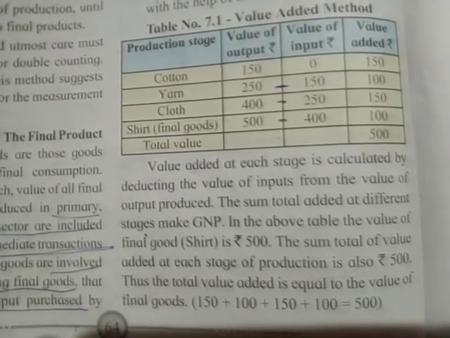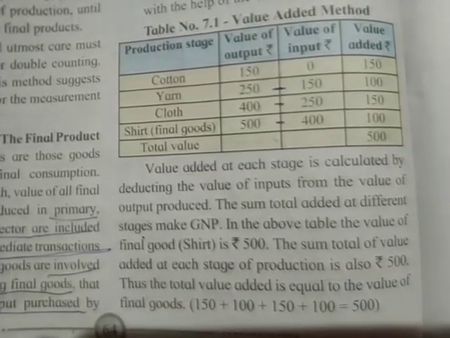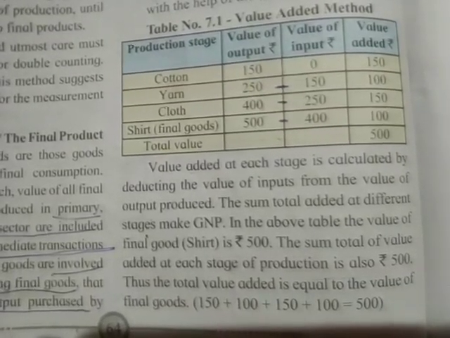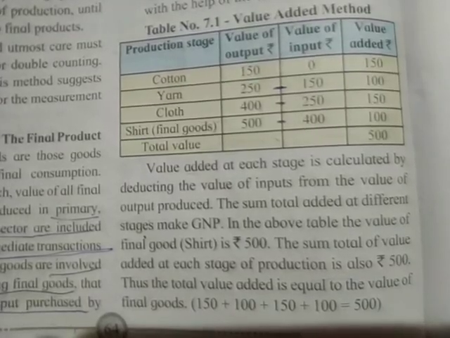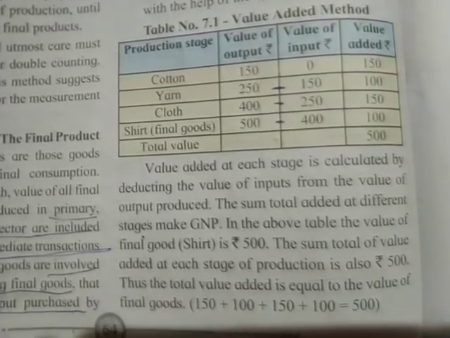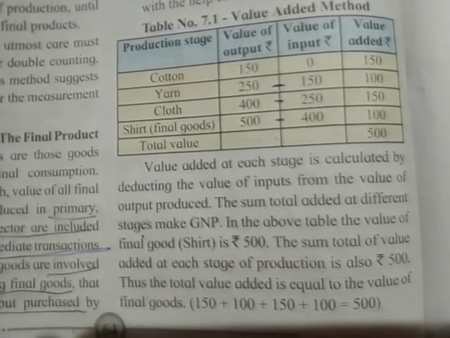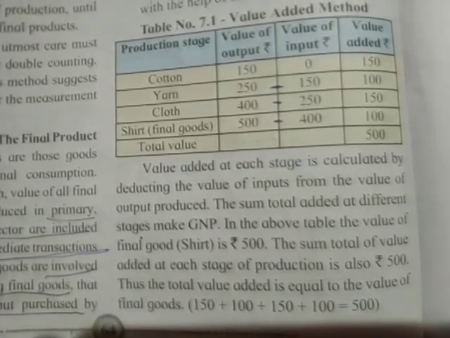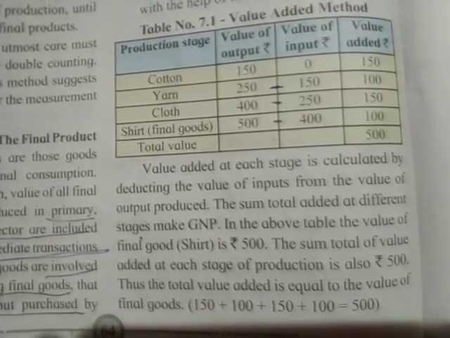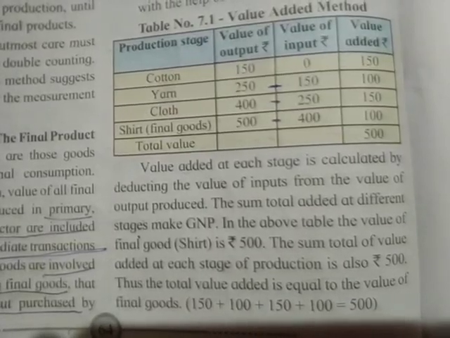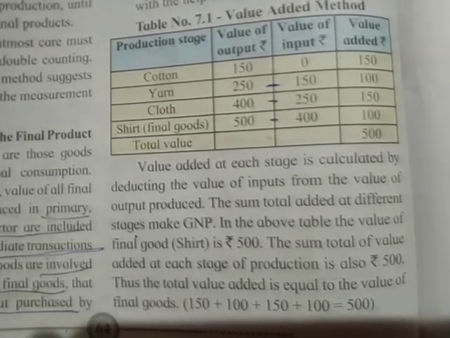In the above table, the value of final good shirt is Rs 500. The sum total of value added at each stage of production is Rs 500. Thus, the total value added is equal to the value of final goods, which is 150 plus 100 plus 150 plus 100 is equal to 500.